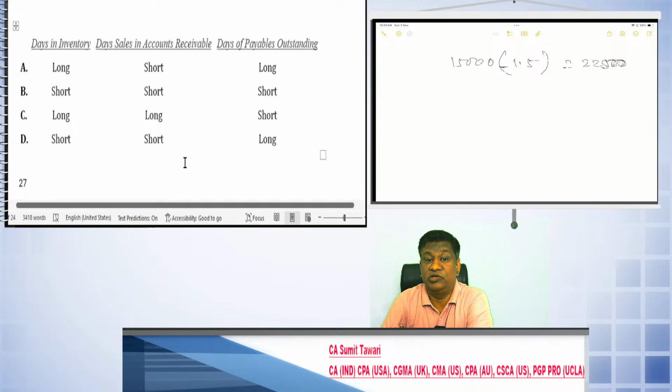Days inventory short, sales in account receivable short means we are able to collect the cash early. In inventory, we are able to produce early, and the days payable outstanding long. Okay, this may compensate each other, but here we are able to generate the saving in both situations, and plus we are getting this benefit. So D is the right answer.